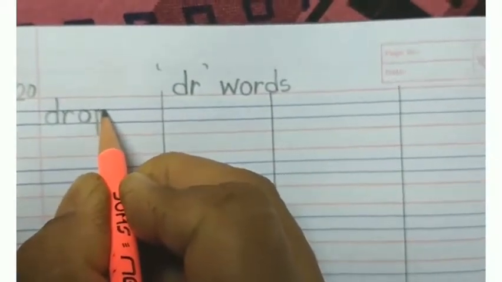From blue line to blue line, make a reverse C curve, P. D-R-O-P, drop. Drop is a small amount of liquid in round shape.